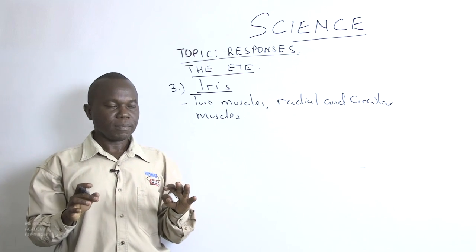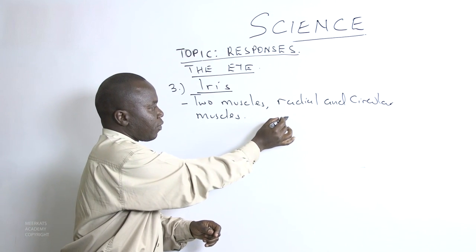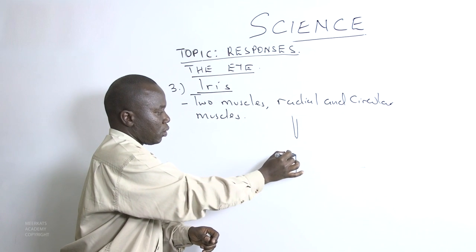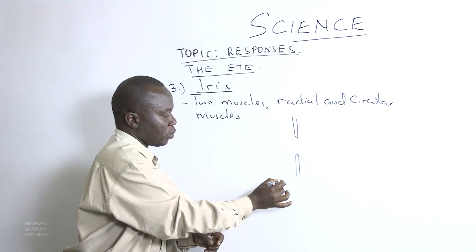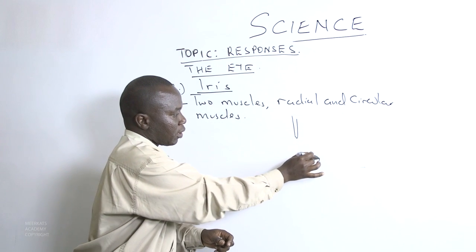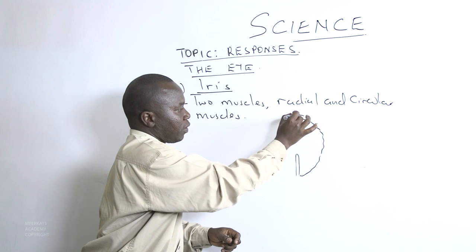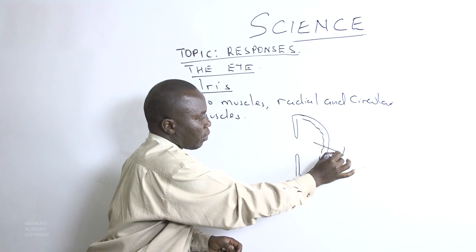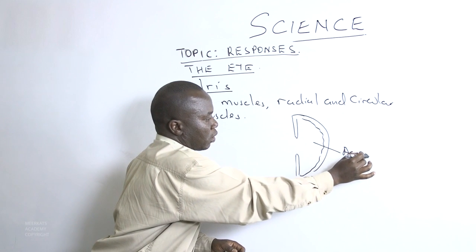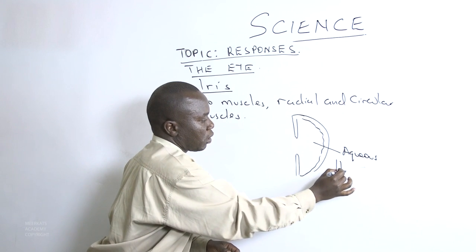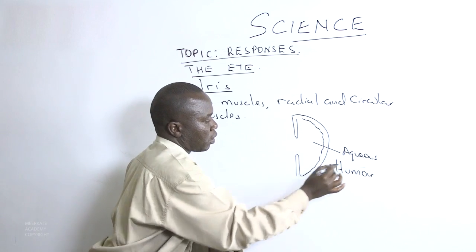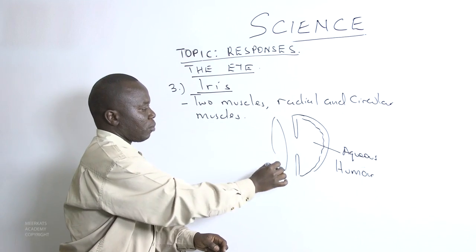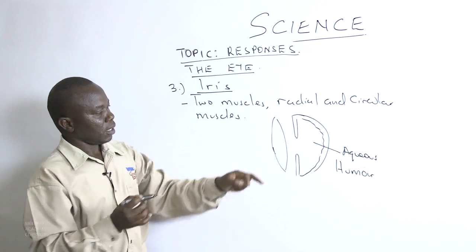But in our diagram, we were looking at the iris from a two-dimension point. So we were able to mention this as the iris. If that is the cornea, that is the aqueous humor. So this structure, just before the lens, is the iris.